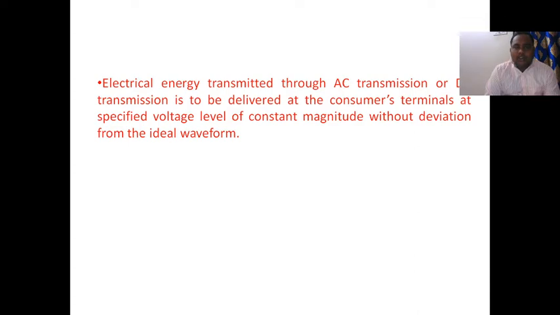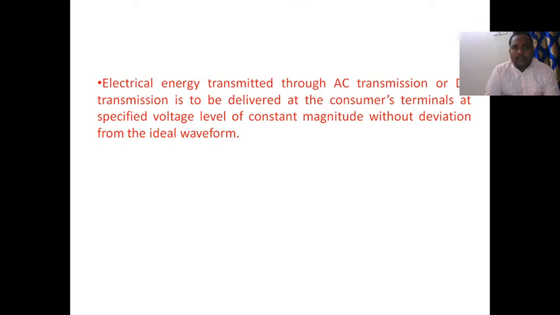Normally, harmonics are multiple frequency waveforms. A basic waveform has a frequency of 50 hertz. If the third harmonic is present, the frequency becomes 50 into 3, 150 hertz.